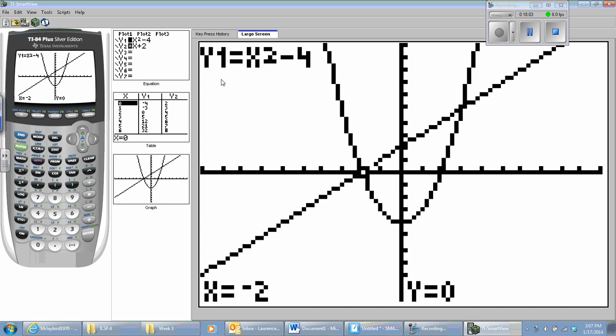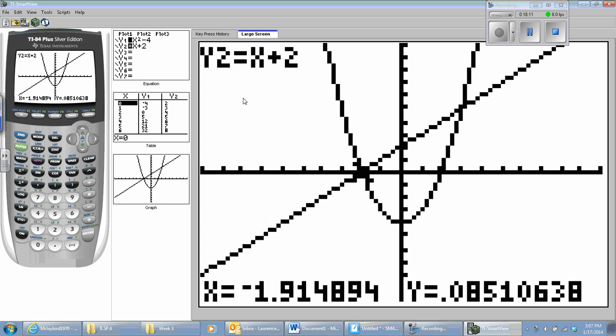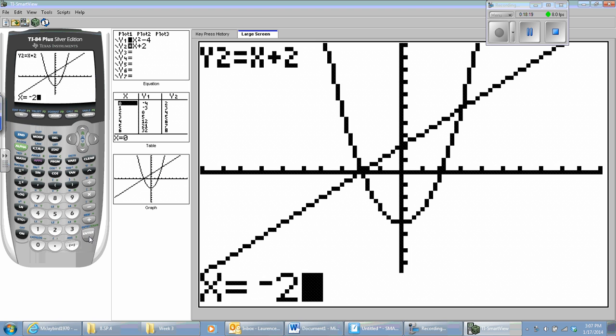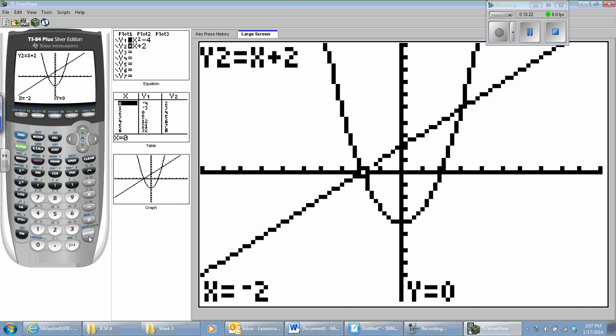Now you can see right now I'm on the quadratic. I'm on the equation y equals x squared minus 4. If I hit the up arrow, I'll switch to y equals x plus 2. Now notice I'm a little bit off of this, so I'm going to hit negative 2 here, and if I did it right, I should get 0, and boom, I sure do.